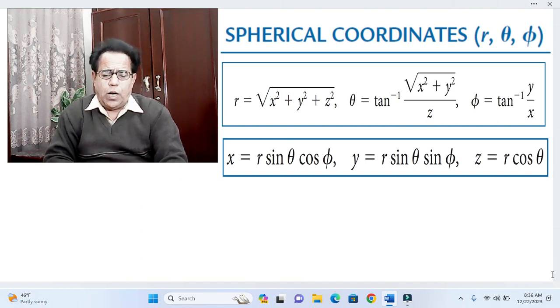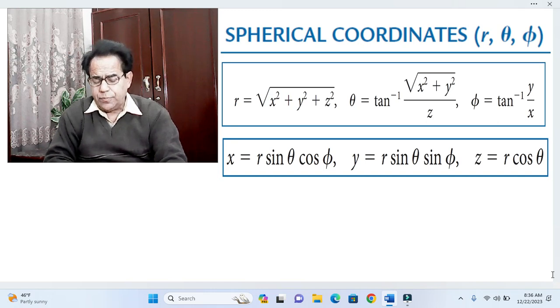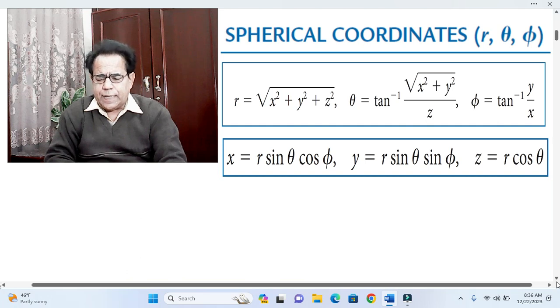Also x is equal to r sin theta cos phi, y equals r sin theta sin phi, and z equals r cos theta. The previous snapshot was about conversion from cylindrical to rectangular coordinates, while this conversion is for transforming spherical coordinates into Cartesian or rectangular coordinates.